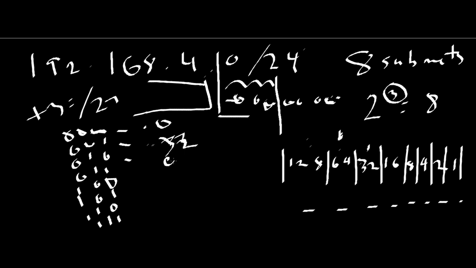This is .64. 0, 1, 1, right? That's 64 plus 32, which gives us 96, right?